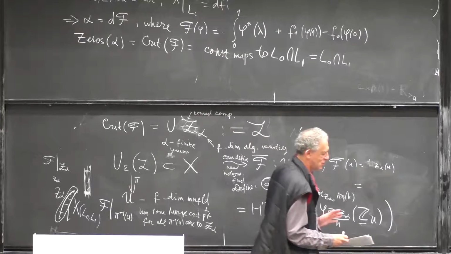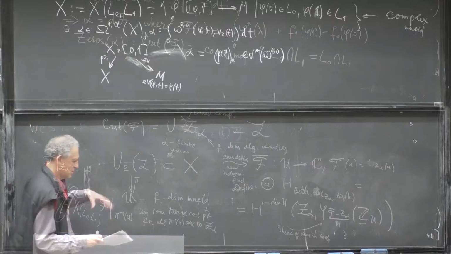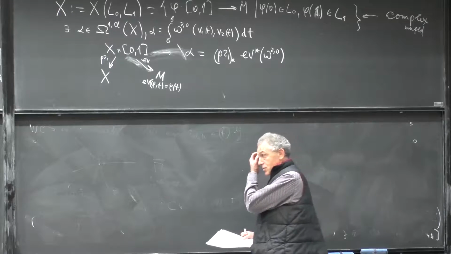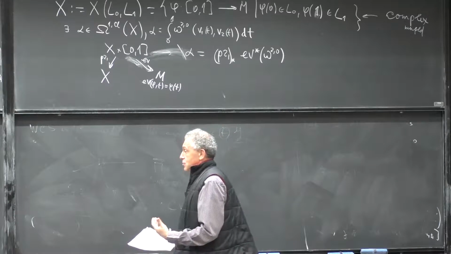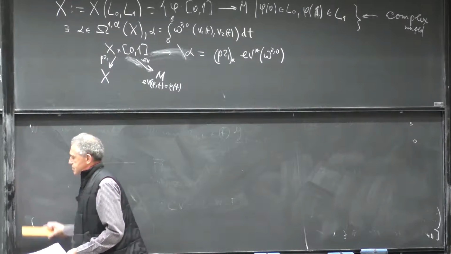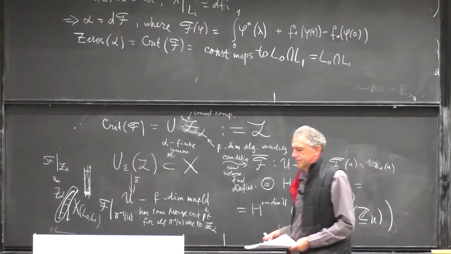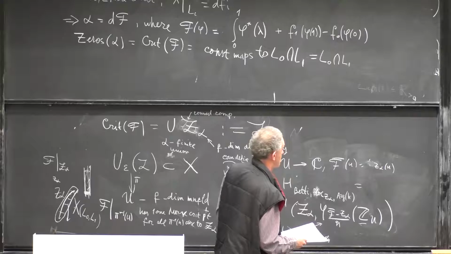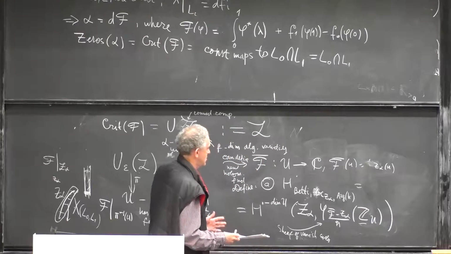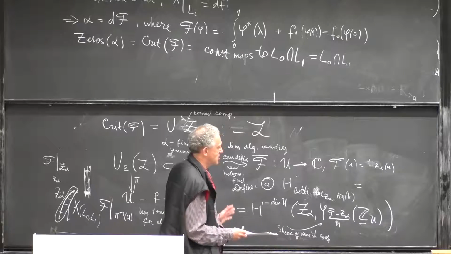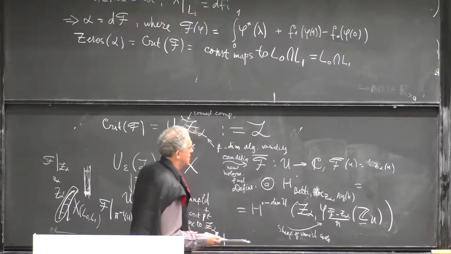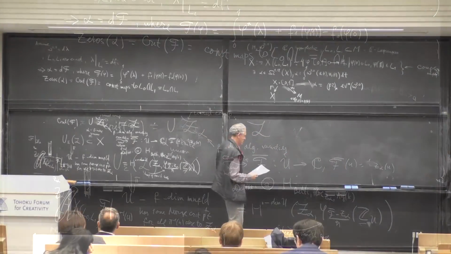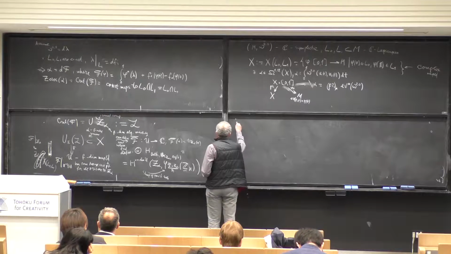There is some space of flat connections, complex valued. And you can try to define some vector bundle by splitting this Chern-Simons functional into the sum of some finite dimensional function and the quadratic form in infinitely many variables. Something like this. Okay, this is one thing.